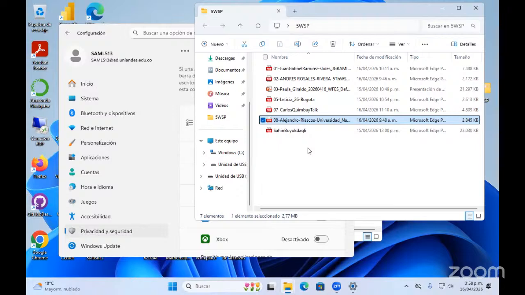Las siguientes presentaciones están por ahí cerquita.